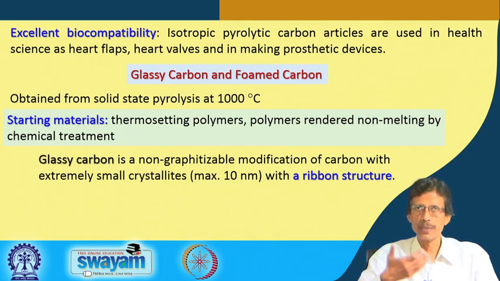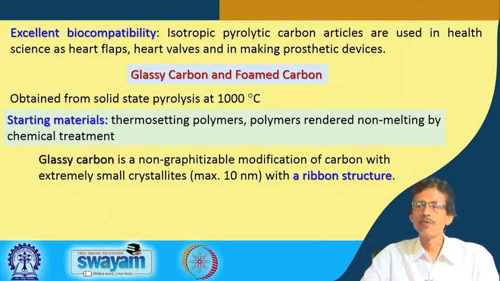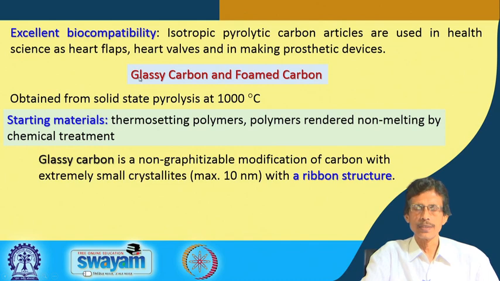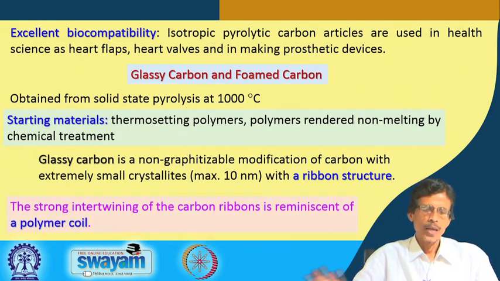As a glassy carbon, it is basically a sintered form of carbon with a different structure, having a ribbon structure. Since it has a different structure compared to your graphite or diamond or C60, and the crystallites have a maximum diameter of only 10 nanometer, you get a glassy carbon variety out of that.